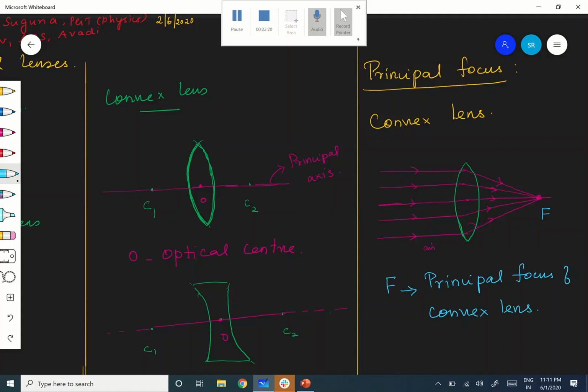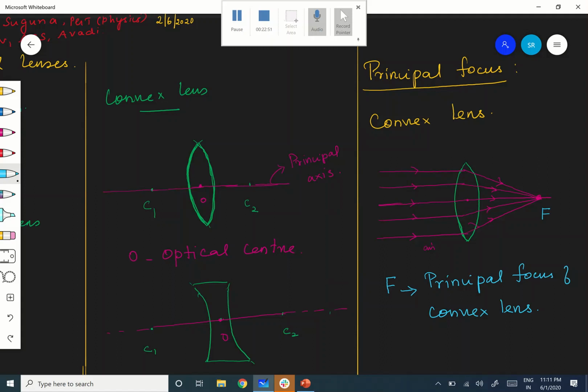Are you following? Therefore, how to define the principal focus of a convex lens? The light rays which are parallel to the principal axis, after refraction by a convex lens, are converged at a point which is lying on the principal axis.